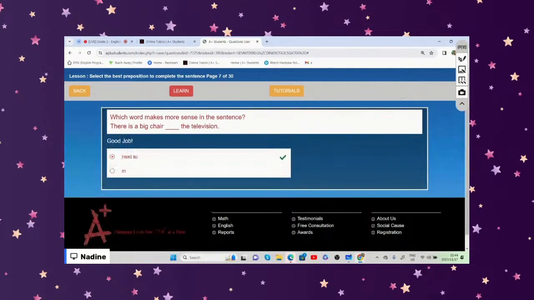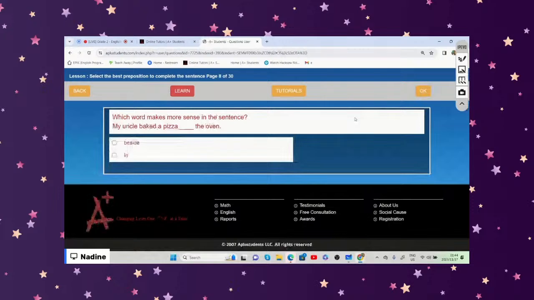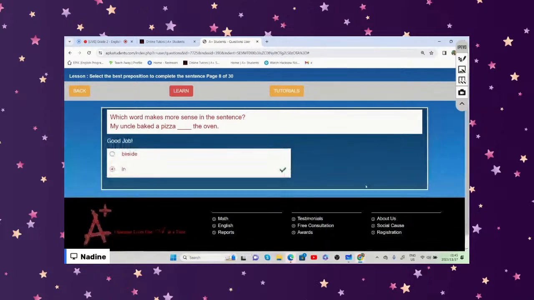So next to. And then my uncle baked a pizza. Do we say beside the oven or in the oven? And we will say it's in the oven. And in is correct.